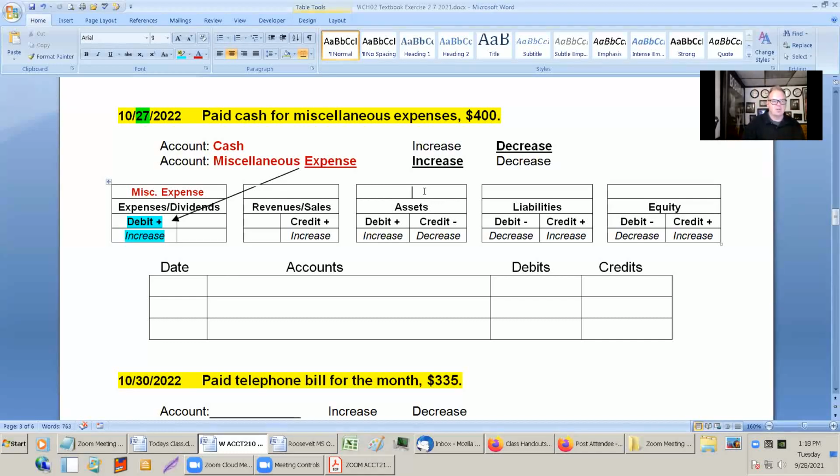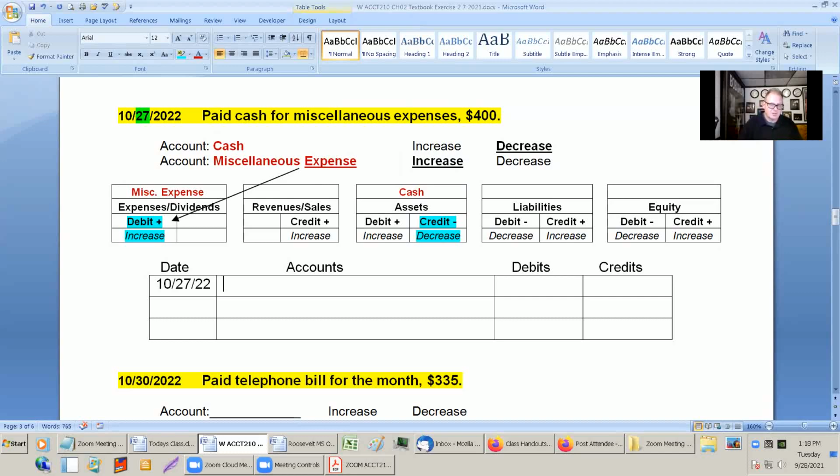Okay, so this would be cash. Nothing wrong with jumping through the hoop here. Cash is going down, so cash should be a credit. So 10. And again, you don't need to put the date in.